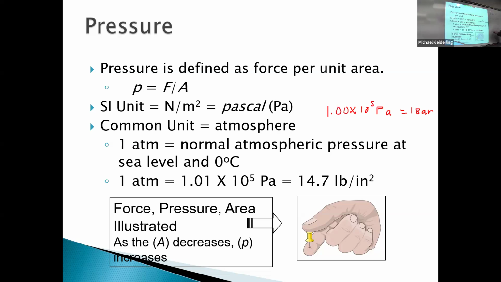Now, another common unit is the atmosphere. 1 atmosphere is normal atmospheric pressure at sea level and 0 degrees Celsius. 1 atmosphere is 1.013 times 10 to the 5th pascals, or 14.7 pounds per square inch. You are currently feeling 1 atmosphere of pressure from the atmosphere, or about that.